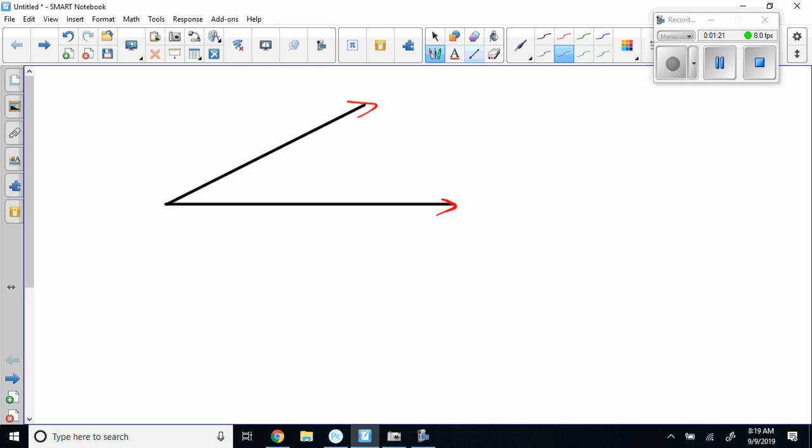That's the measurement of an angle. Two parts of a shape. Who knows the definition of an angle?